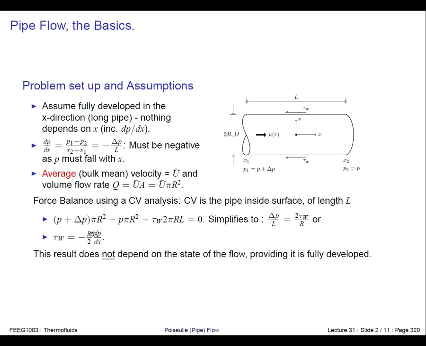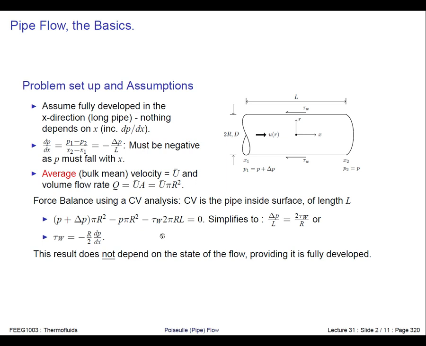Okay, so we've got a force on this surface, and the force is the pressure times the area. The area is pi r squared. Big R is the radius of the pipe, and that force acts in the positive x direction, so we've got a plus here. In the negative x direction we've got the downstream pressure, pushing in the opposite direction to the coordinate direction, so we have minus P A here.